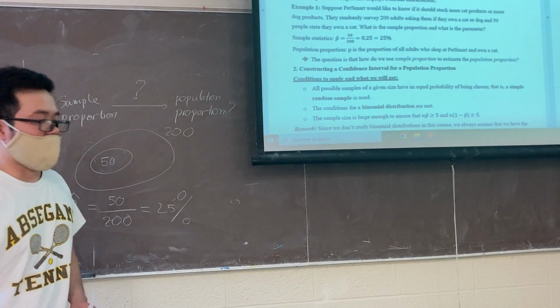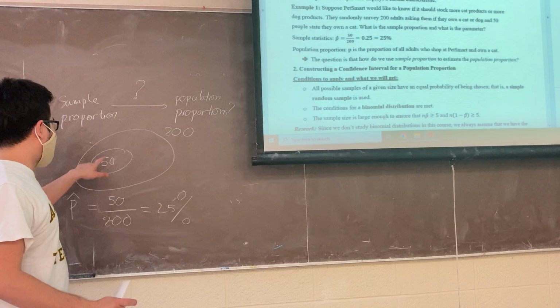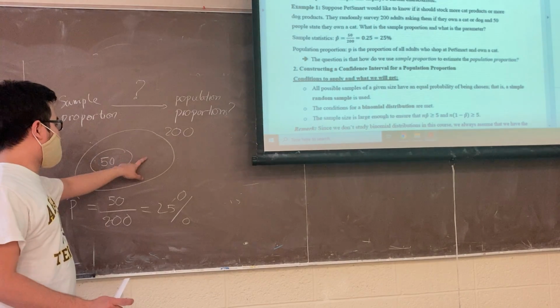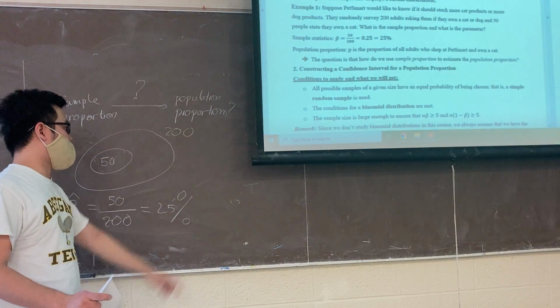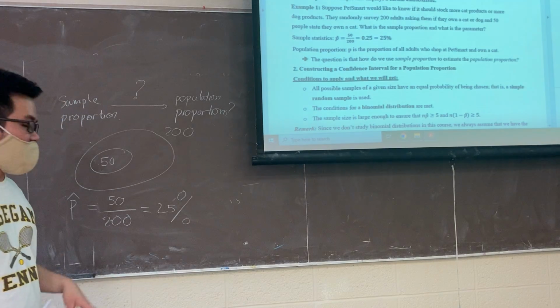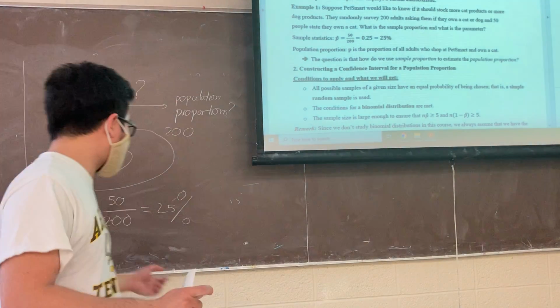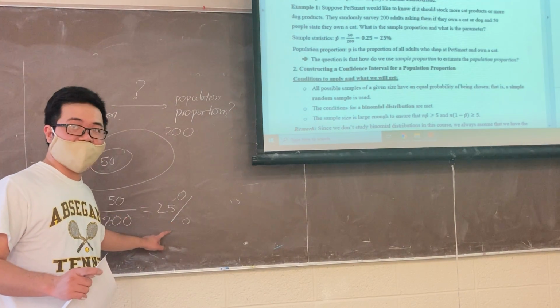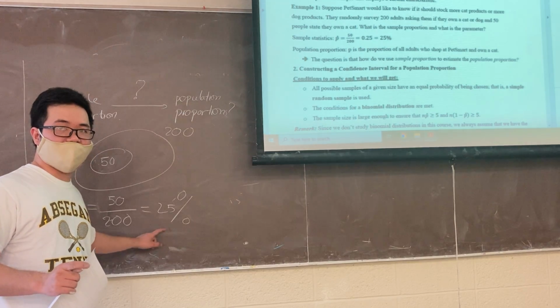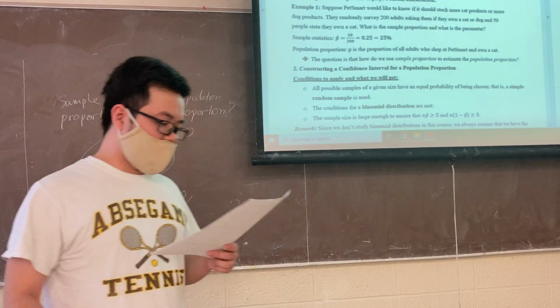Instead of saying there are 50 people who own a cat in 200 people, we can say the percentage of people who own a cat is 25%. Is it clear, guys? That is proportion.